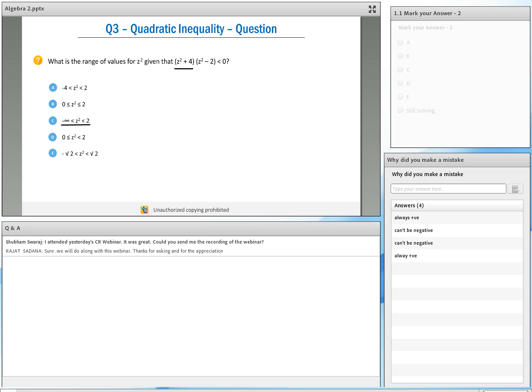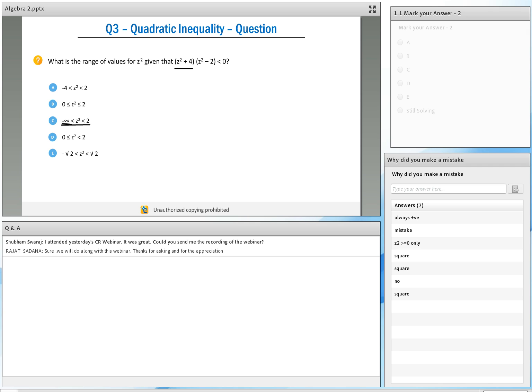Because what is always positive? The z square, right? If z square is always positive, then can z square take on a negative value? Why did you choose choice C then? If you got that z square is always positive, isn't that a mistake that you made, which is frankly not a math mistake?